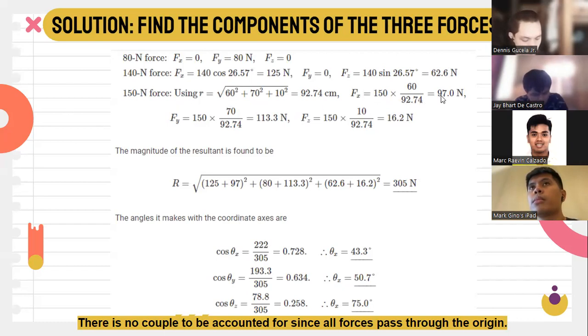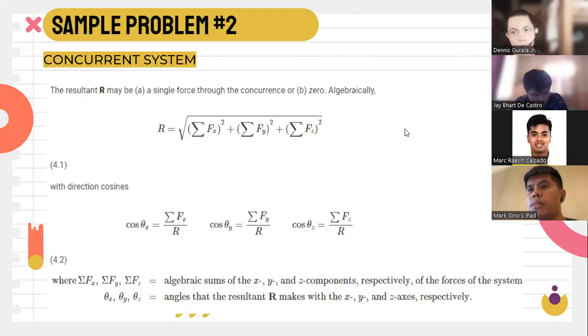The answer is 97.0 N. And F sub y, 150 times 70 over 92.74 equals 113.3 N. Lastly, F sub z is equal to 150 times 10 over 92.74, which is equal to 16.2 N.